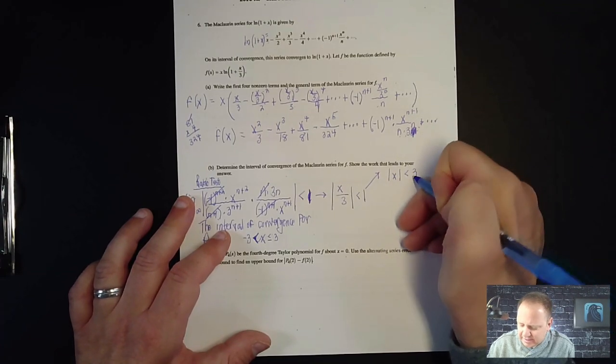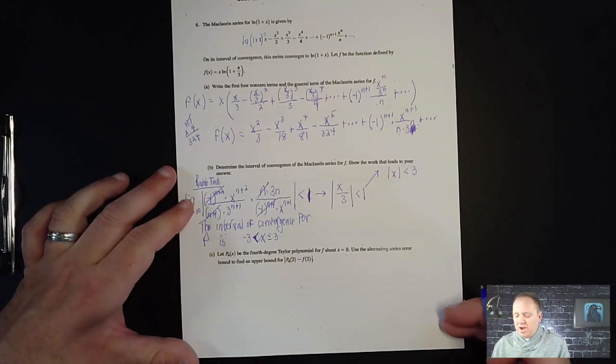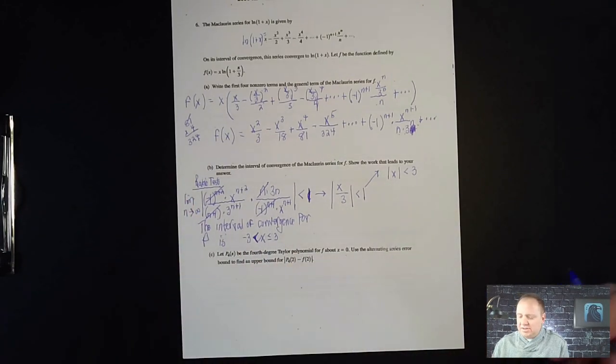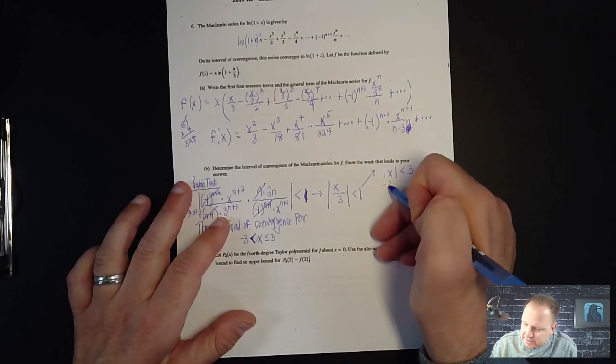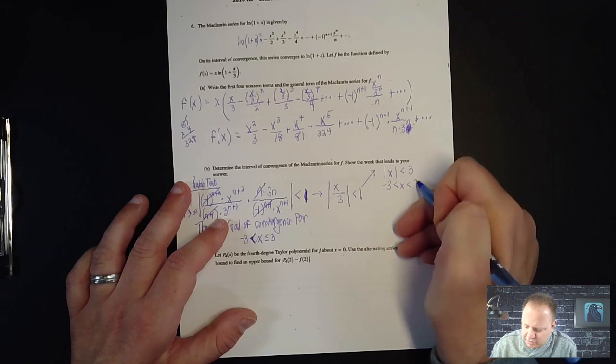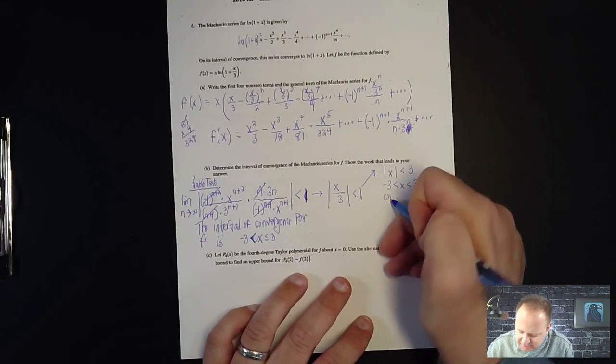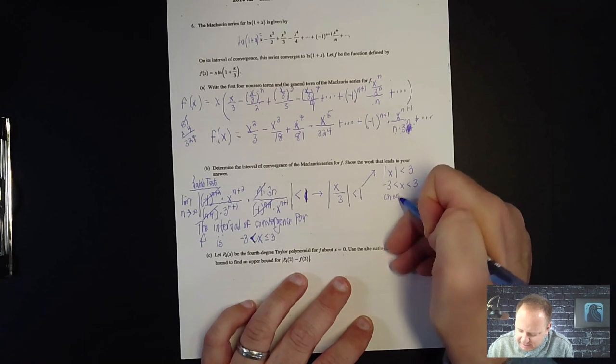Absolute value of x is less than 3. But my thought process was right. My radius is 3, my center is 0. The problem is I need to go a little bit deeper with checking my endpoints. Now I'm going to try to fit this in.